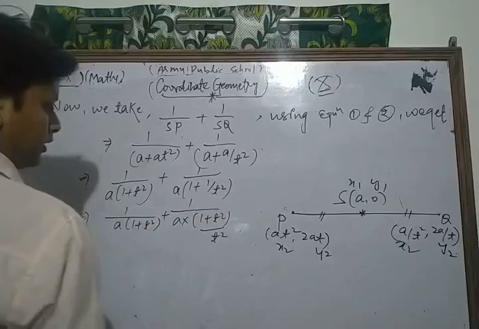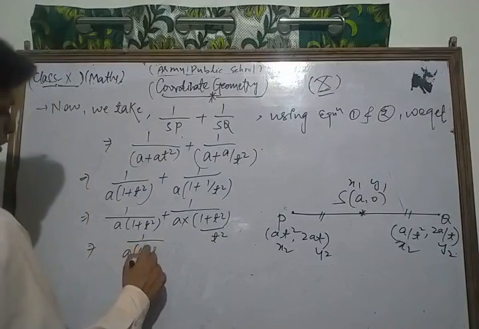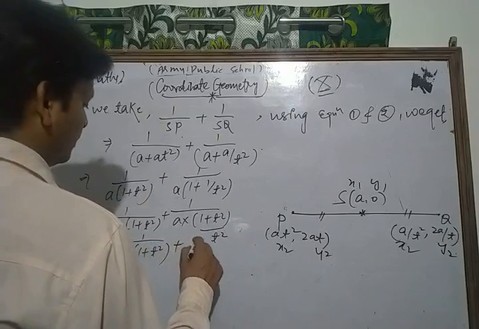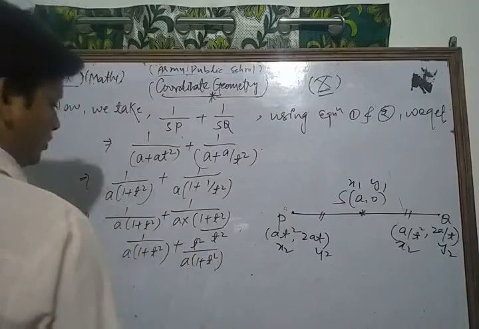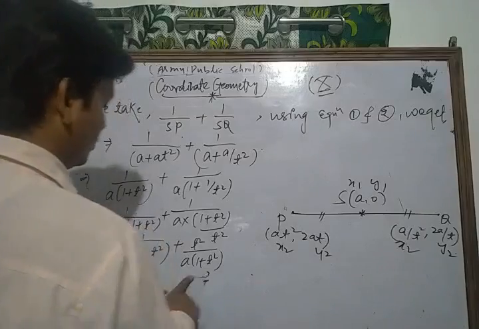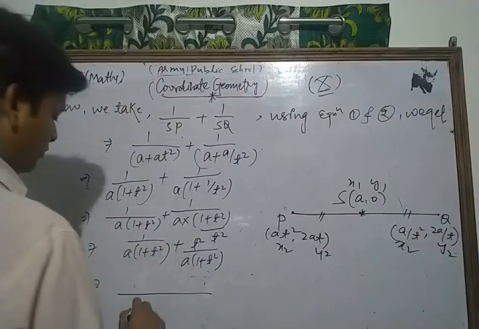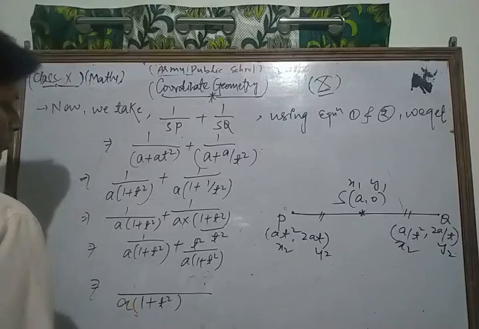So t square transfers to the numerator. So we get 1 upon a plus 1 plus t square upon a into 1 plus t square. Now from there we take a into 1 plus t square as LCM.